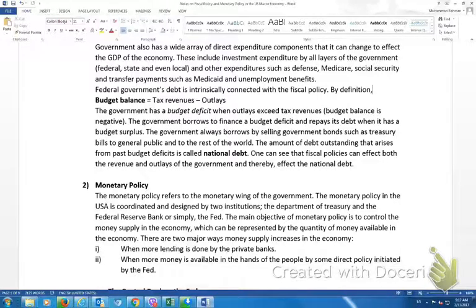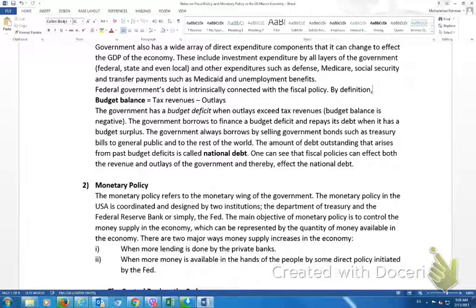The primary vehicle through which the government borrows this money is by selling US Treasury bonds to the general public and at the same time to the rest of the world. The amount of debt that is outstanding that arises from past budgetary deficits is called national debt.